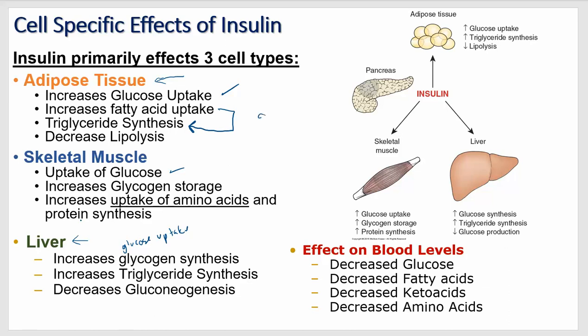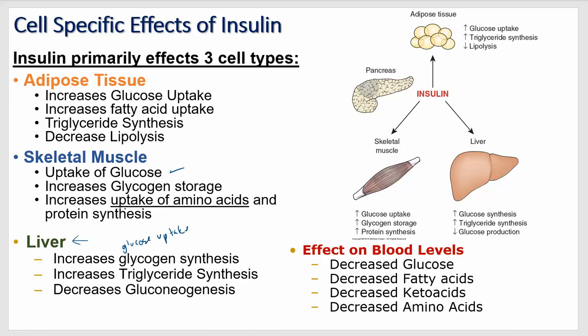Okay. Triglycerides for storage. Remember, fatty acids stuck to a glycerol. That's a triglyceride. Decreases the breakdown. So lipolysis is the breakdown of these fats, and that is not happening. Okay, so it's mostly about fat here. Now, if we have too much glucose, that glucose can be converted into fat too. Okay, as we just saw.